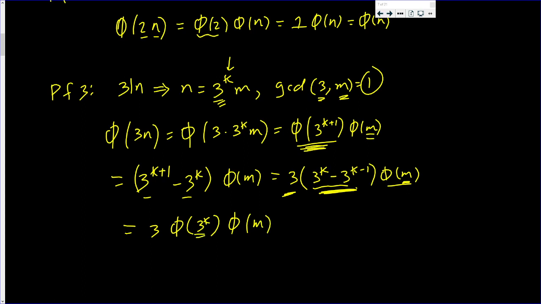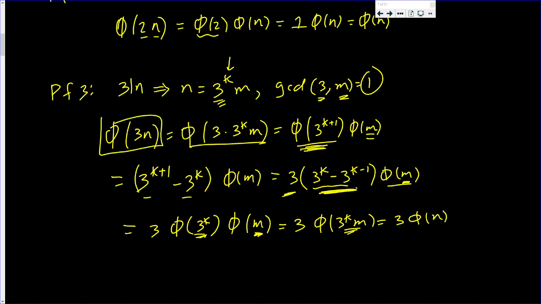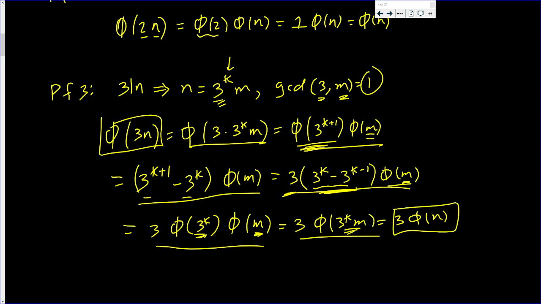And these two are relatively prime. So phi of this times phi of that is phi of this times that. But that's n. So 3 phi of n. This is equal to this, which equals that, which ultimately equals this. That is, phi of 3n is 3 times phi of n.